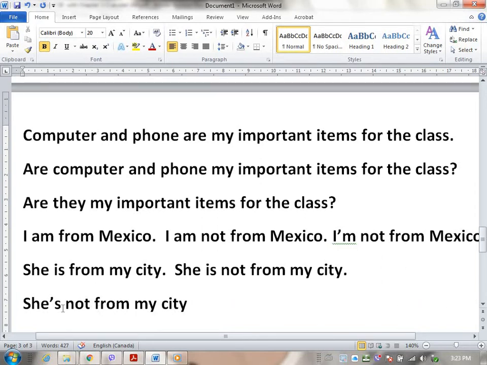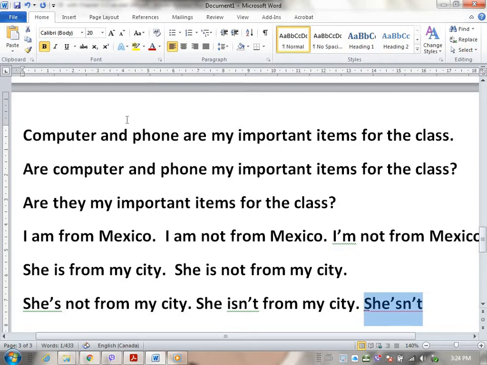I could say she's not from my city, or I could say she isn't from my city. But I cannot say like this. This is wrong. You see, it tells me this is wrong. It means only one contraction I have to use. Either I could make it like this, isn't, or I could make it she's. Okay? You see this one? We say, hey, this is wrong. We don't want this.